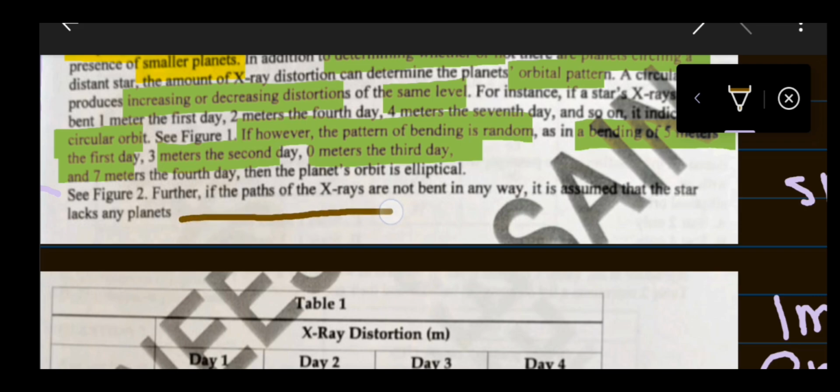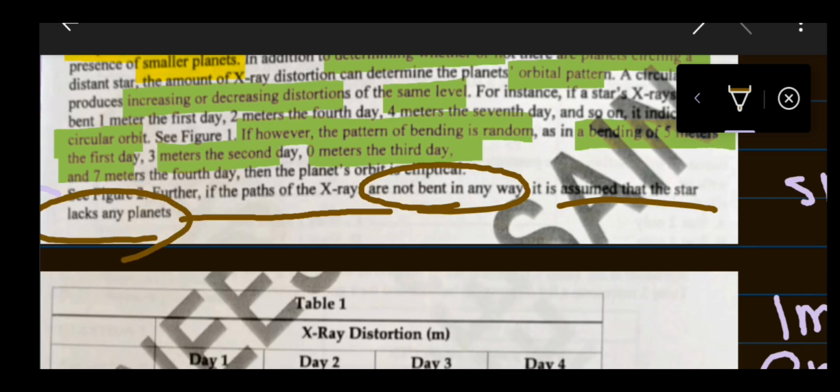Further, if the path of the X-rays is not bent in any way, it is assumed that stars lack any planets.